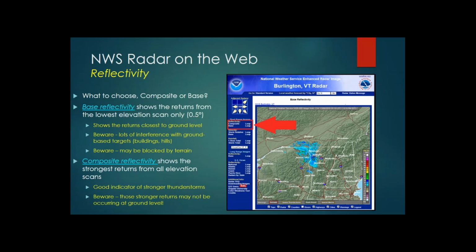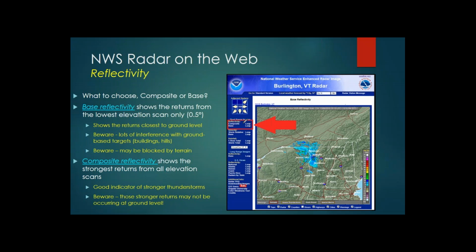So let's first talk about reflectivity. I've highlighted just the top red part of that imagery right there. And you're going to have two options, composite or base reflectivity. The base reflectivity, if you choose that option, shows the returns from the lowest elevation scan only. That's only that 0.5 degree scan closest to the surface. Okay?